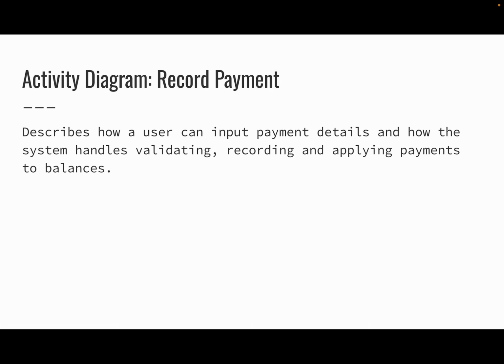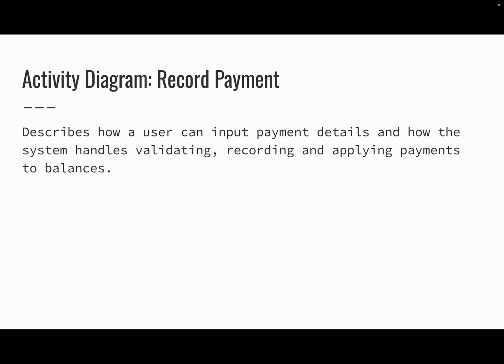So, as the slide reads, the activity diagram describes how a user can input payment details and how the system handles validating, recording, and applying payments to balances. So, just to expand on that, the diagram shows what happens when a user records a payment.